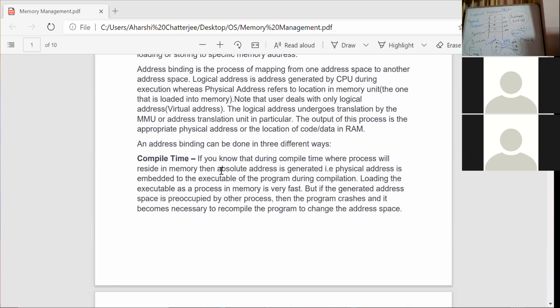You means your operating system. Nothing is done by you. Your operating system knows that when you are compiling a program, during that compile time, the process will reside in memory location 200.